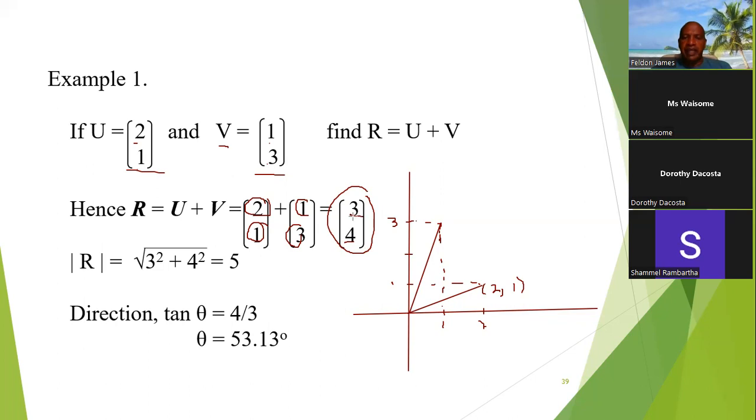So if you had to find x equal 3 and y equal 4 on this graph, you would go in the x direction 3 positions, and in the y direction you're going 4.